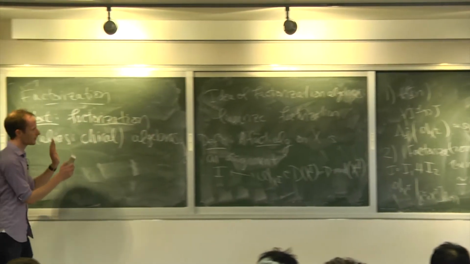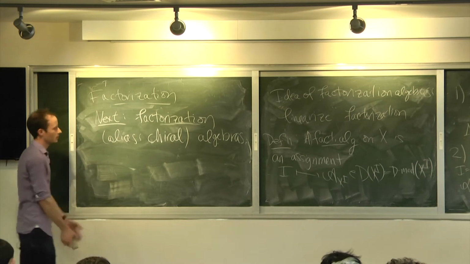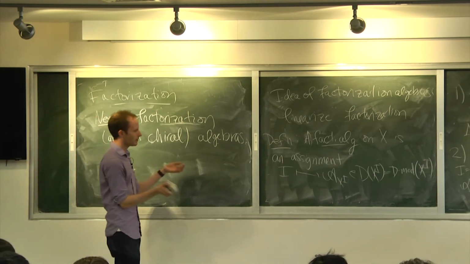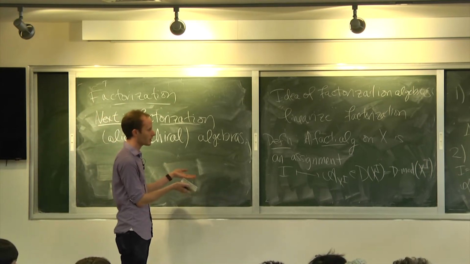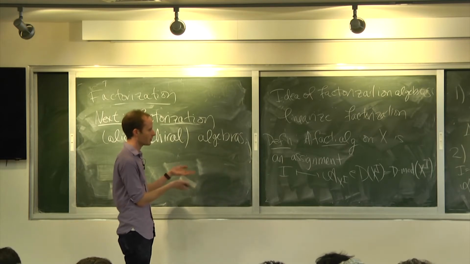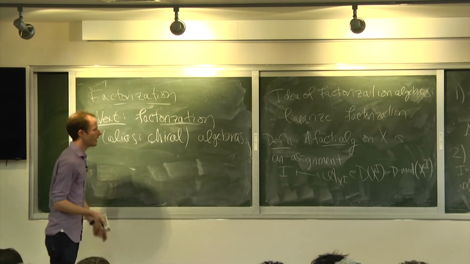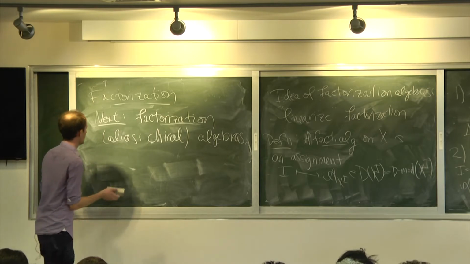And again, these should satisfy various compatibilities, which in this case say that anytime these axioms force two isomorphisms between two different D-modules on two somethings, then those two isomorphisms should have been the same.